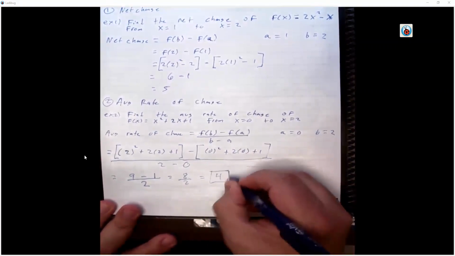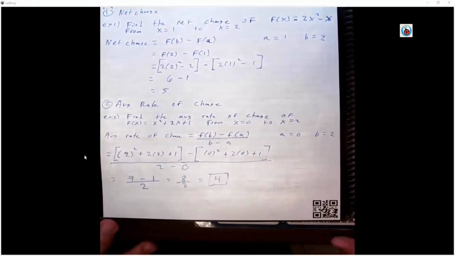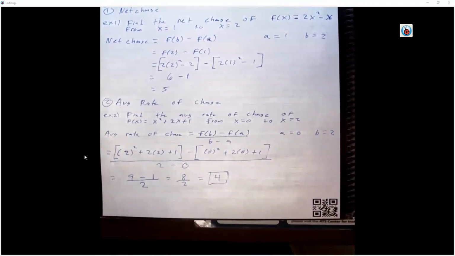So the average rate of change between 0 and 2 is 4. That's all I'm going to ask for 2.4. Any questions on net change, or is it all right? Okay.